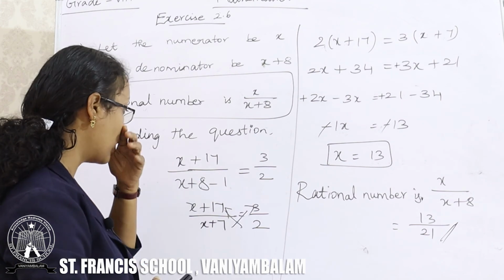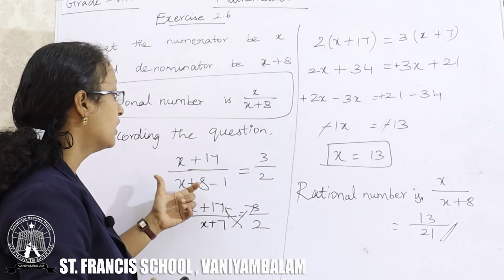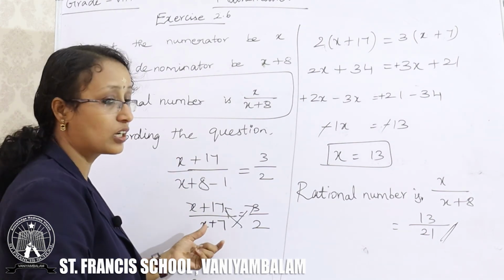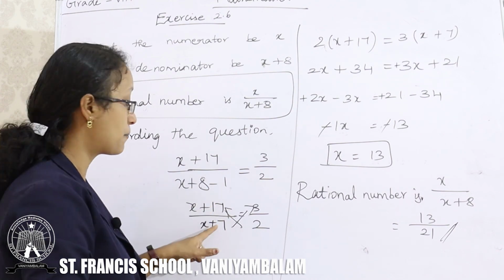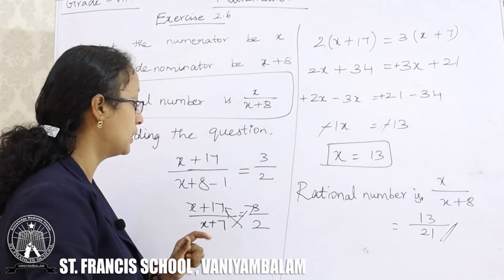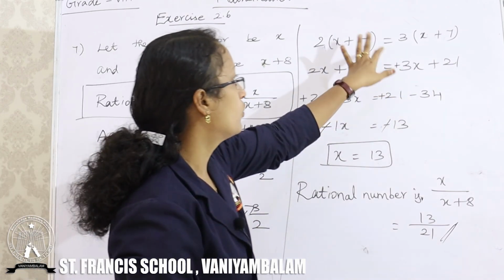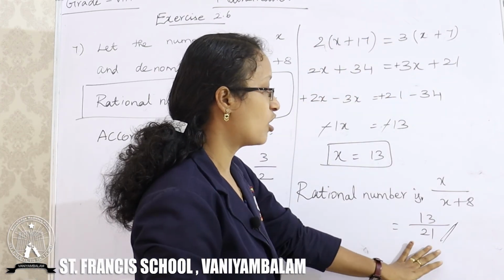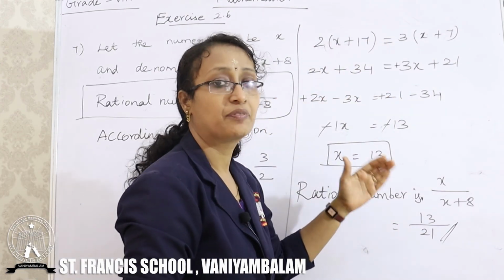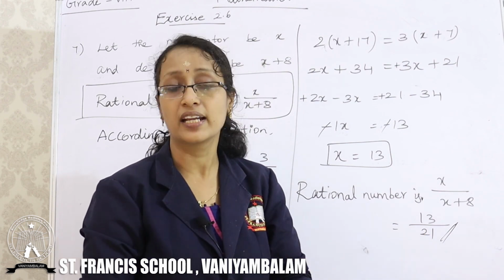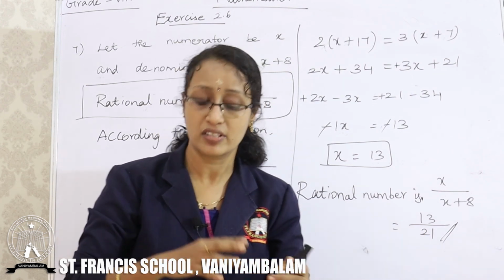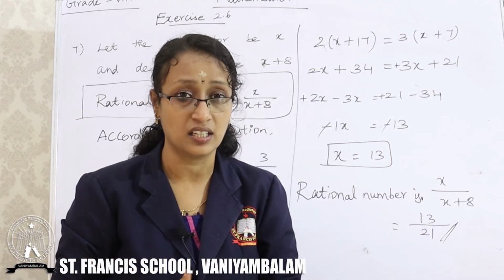Now you will solve this: x plus 17 by x plus 7. How did you get this 7? Symbols are different, subtract it and put the greater number's symbol. So plus 7 is equal to 3 by 2. Now you will cross multiply and solve this to get the x value. After getting the x value, you have to find what is asked in the question, just to check it and answer the question.